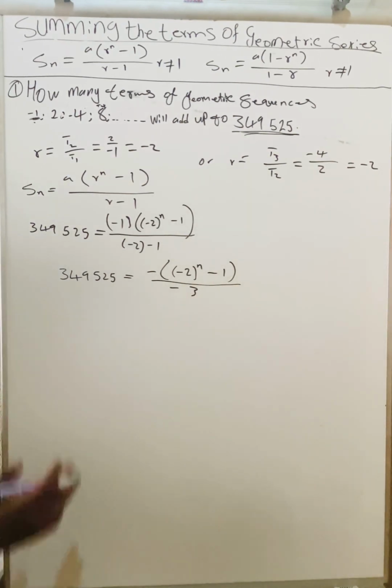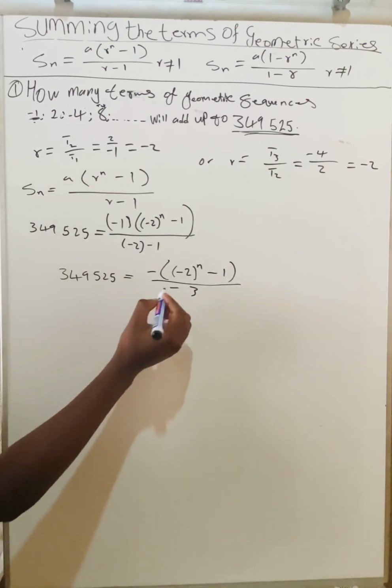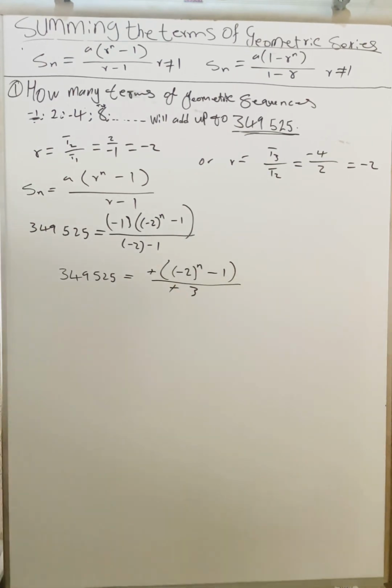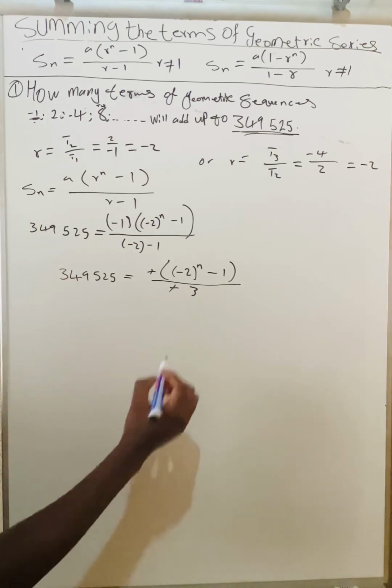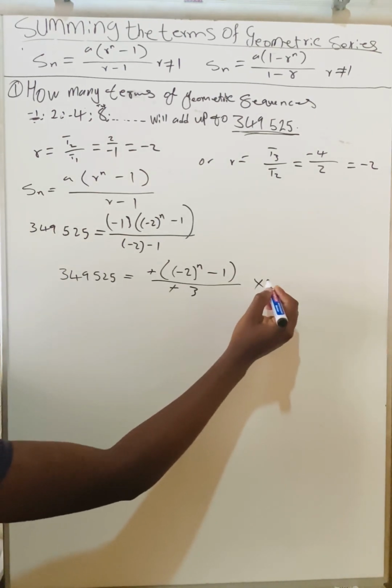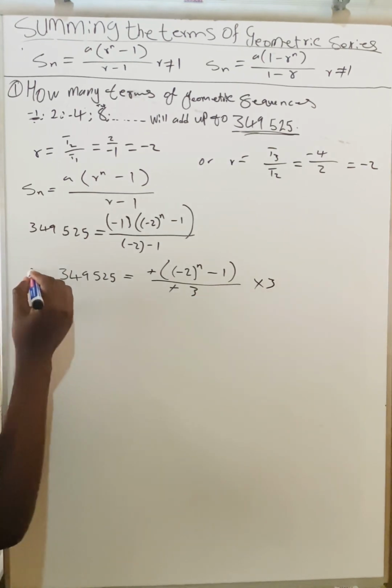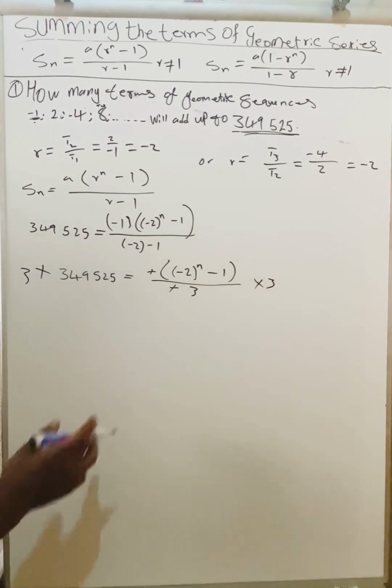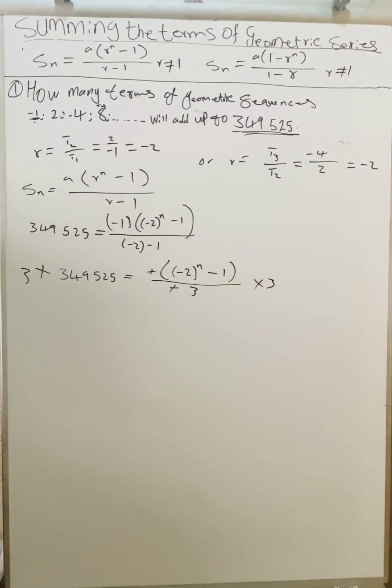We all know the negative cancels this one. Simple as ABC. Then you multiply both sides by 3, because you want to remove the fraction.